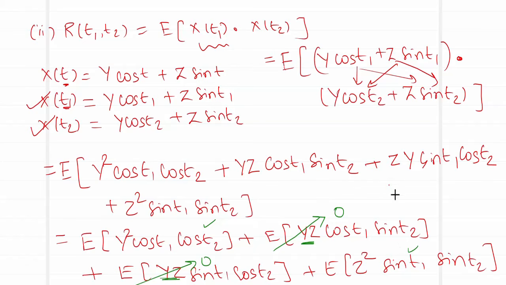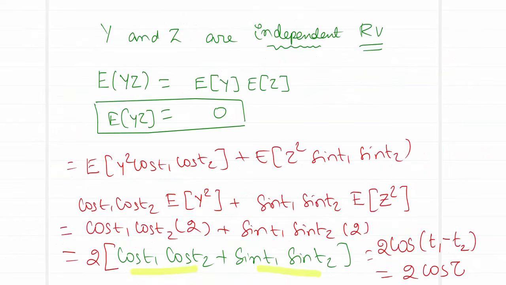We know that y and z are independent. If they are independent, E of yz can be expressed as E of y into E of z. Since both of them are 0, E of yz vanishes. So taking the common term outside and computing E of y square, you get the final value as 2 cos tau, which is a function of tau. Hence, we prove that the given x of t is a WSS process.